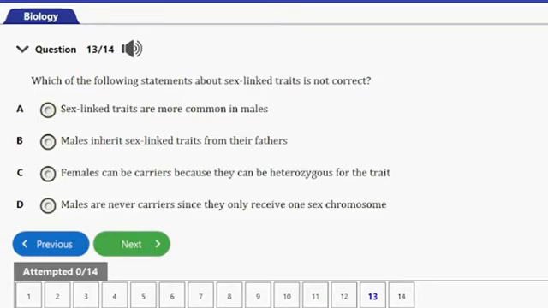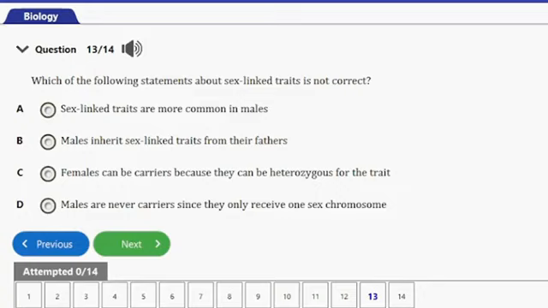Let's consider the next question. Question number 13. It says, which of the following statements about sex-linked traits is not correct? A, sex-linked traits are more common in males. B, males inherit sex-linked traits from their fathers.